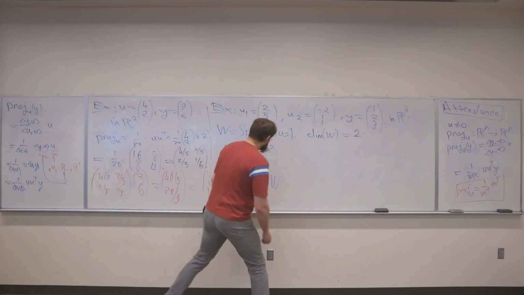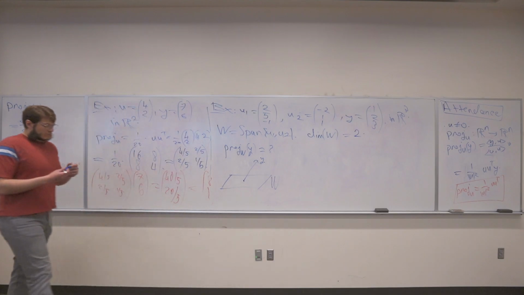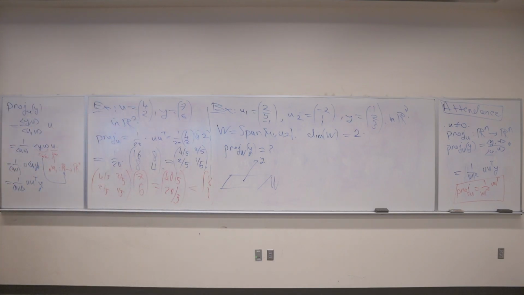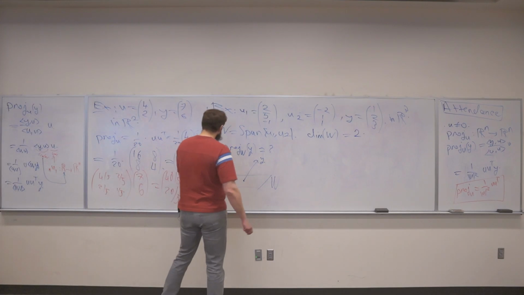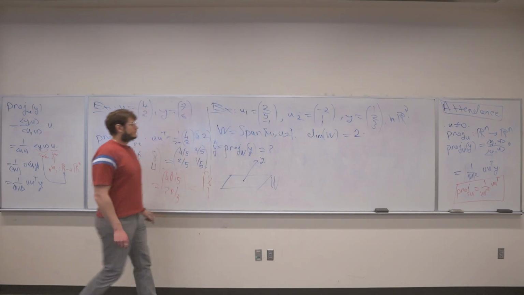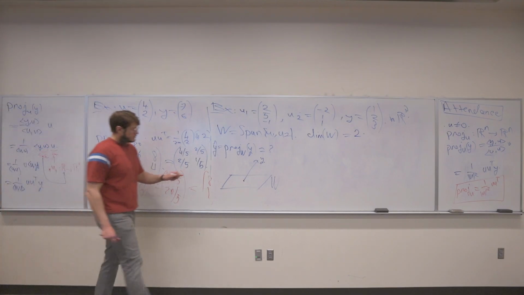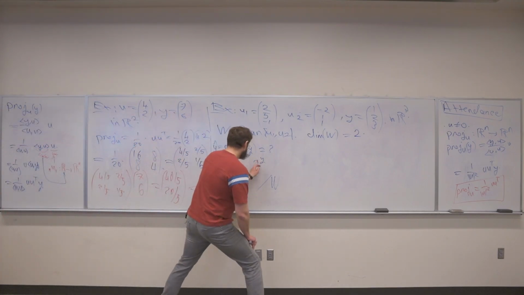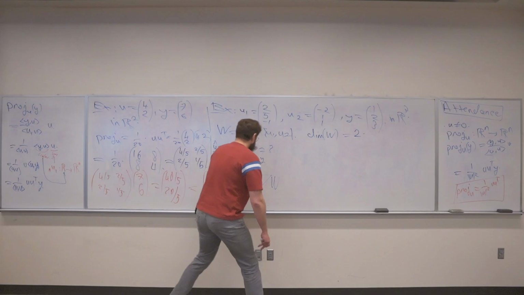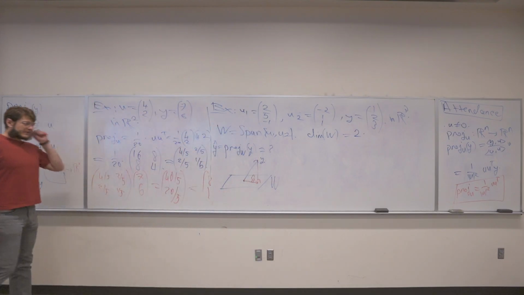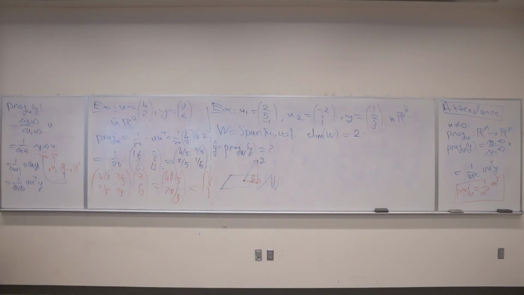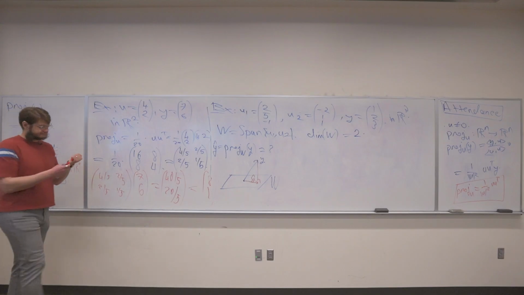Here's Y. When I do this orthogonal projection, again, let's call it Y hat. Well, I should get this, right? Y hat should be some vector in the span of u1 and u2.